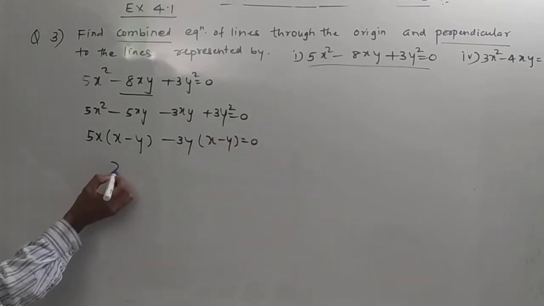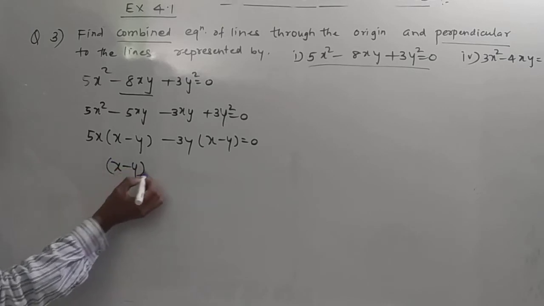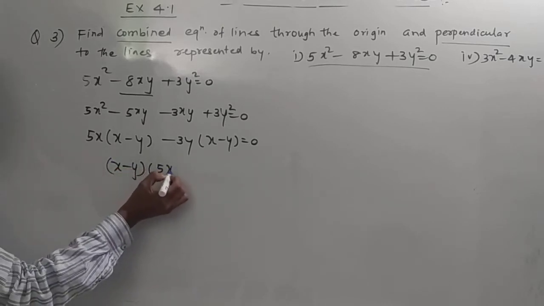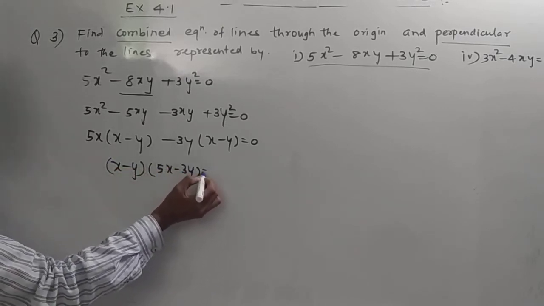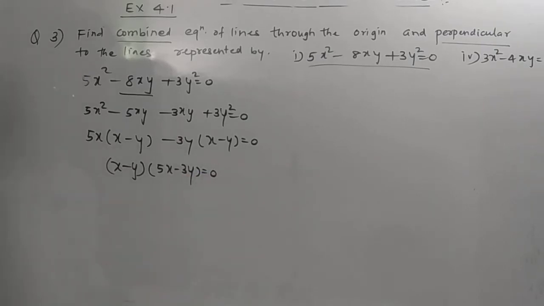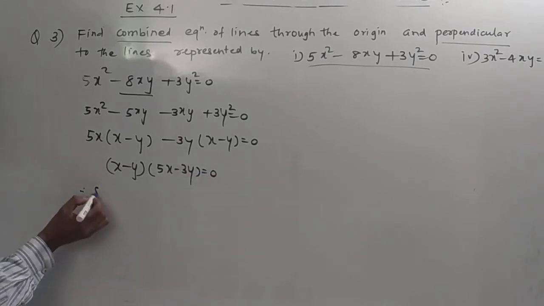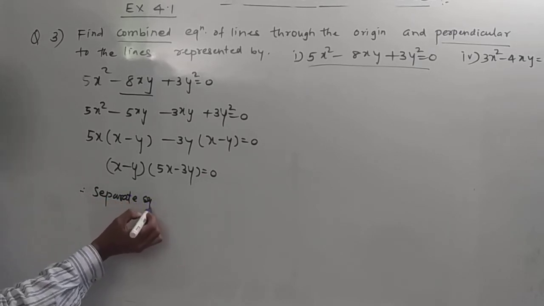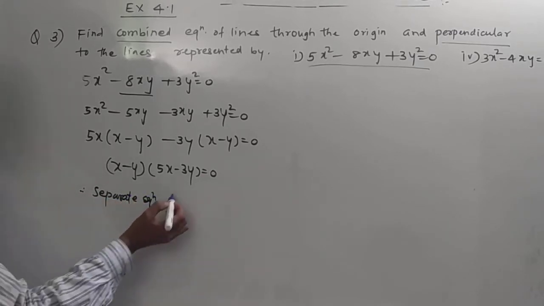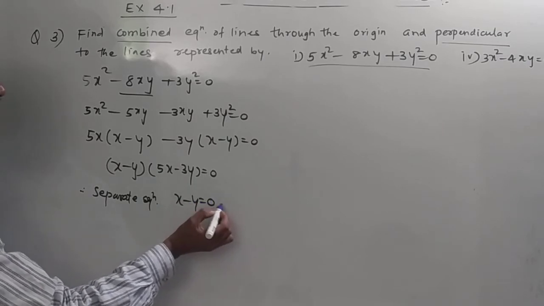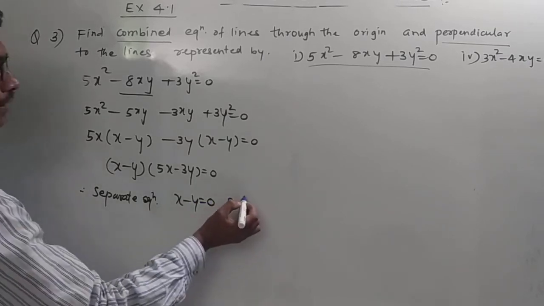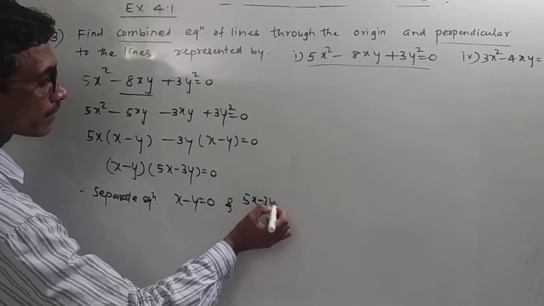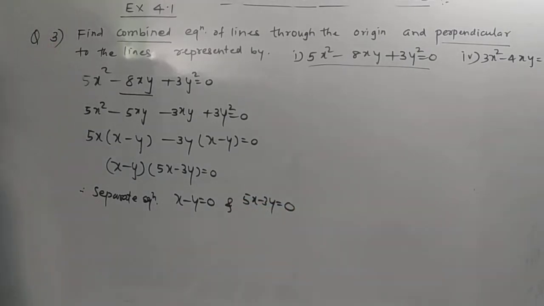So separate equation will become x minus y into 5x minus 3y is equal to 0. Therefore separate equation of lines x minus y is equal to 0 and 5x minus 3y is equal to 0.